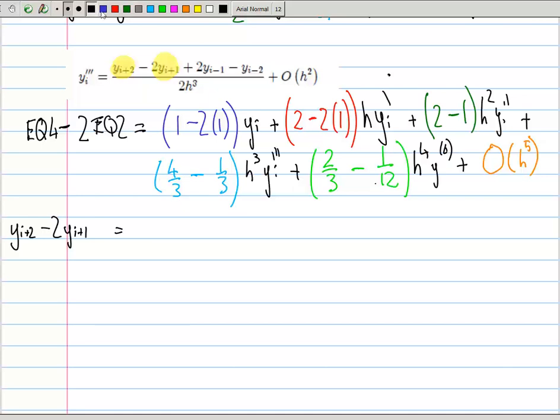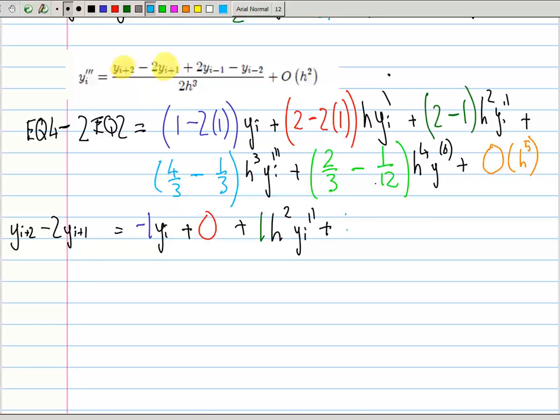And that is equal to 1 minus 2, which is minus 1 y_i, plus 2 minus 2 is going to be 0, plus 2 minus 1, which is 1. That's going to be green. I'll put the h squared in. h squared y_i double prime, plus 4 over 3 minus 1 over 3.